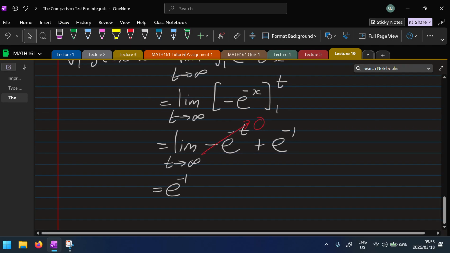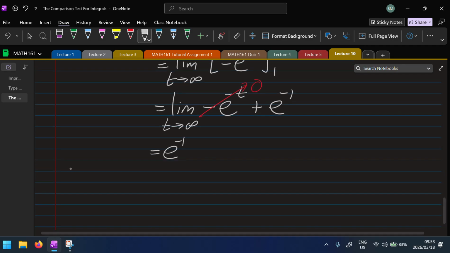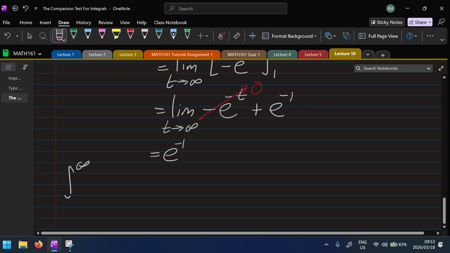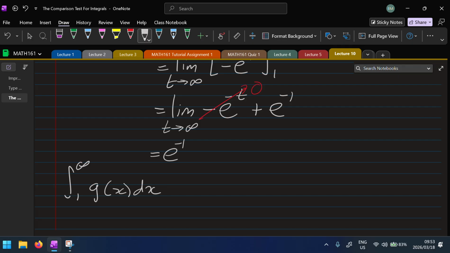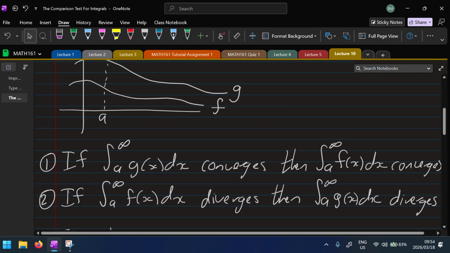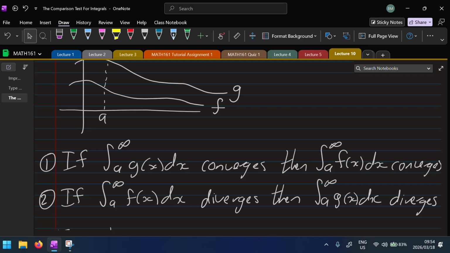So the integral from 1 to infinity of the g function converges. And like we had above, if the g integral converges, then the f integral converges.